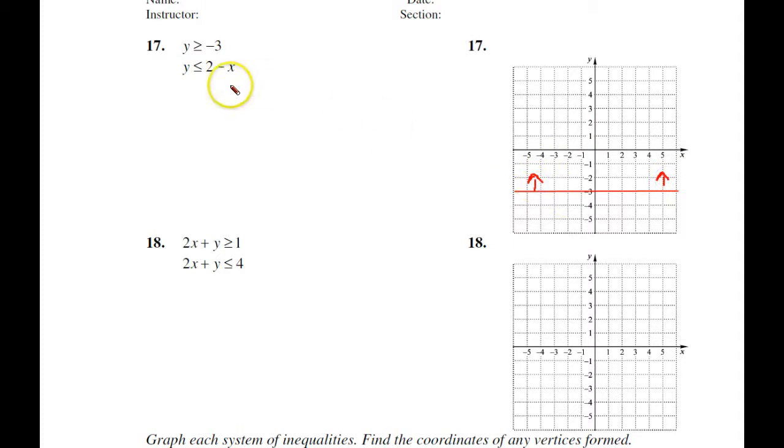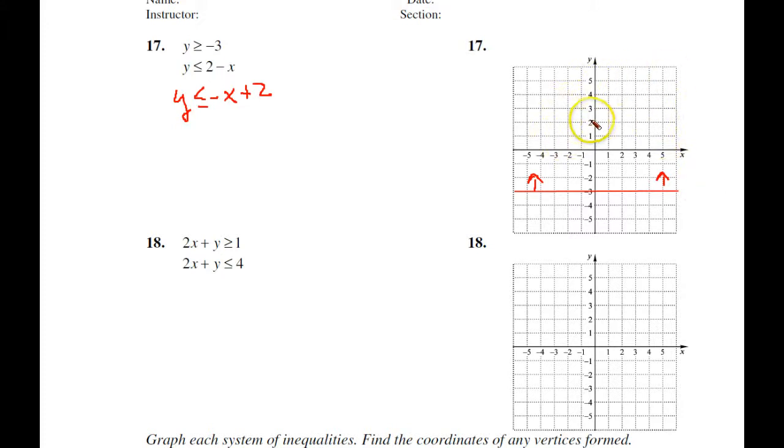And for this one, notice it's a little bit out of order here, so let's put it in order. My y-intercept is 2, it's going to be a solid line, and my slope is -1. So, change colors here.